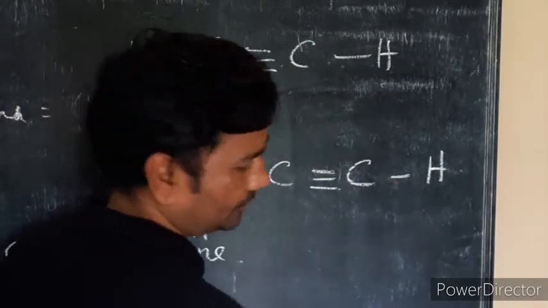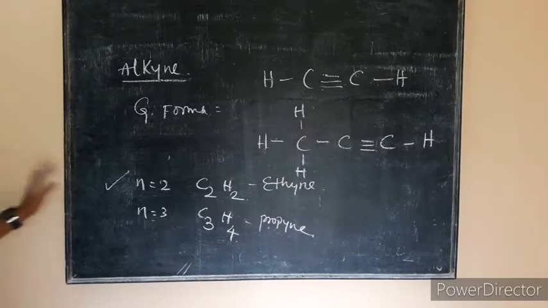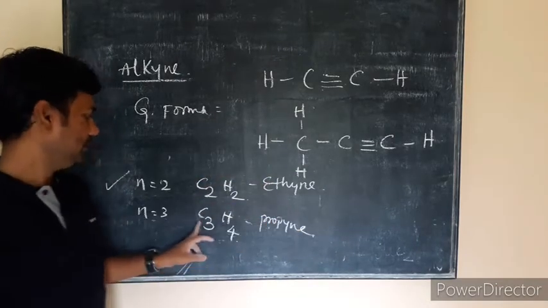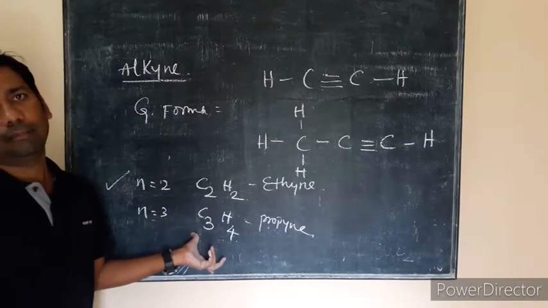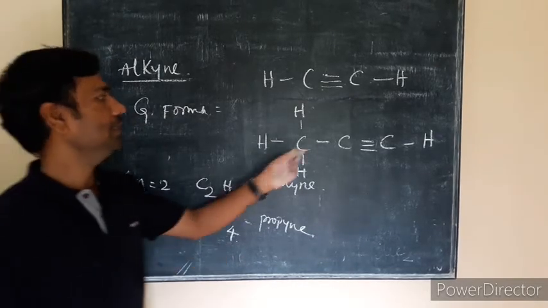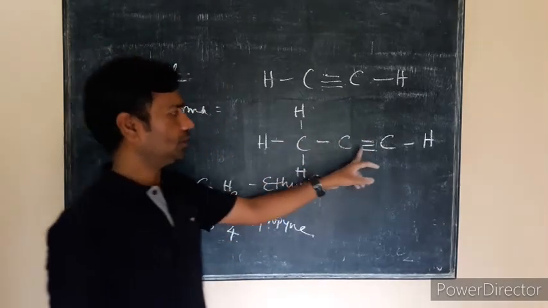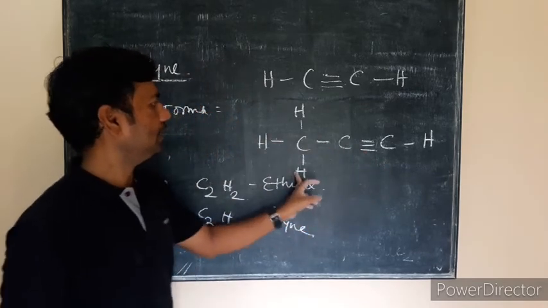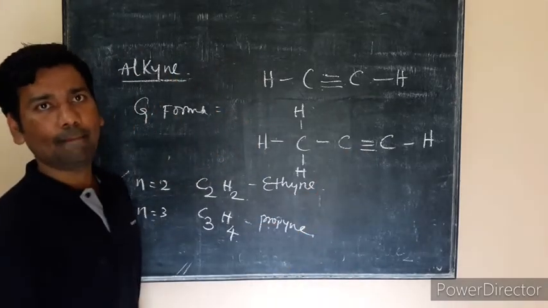This is the carbon compound with 3 plus 1, 4 hydrogens, that is propyne, C3H4. Like this you can make butyne, pentyne, anything. There will be a carbon to carbon triple bond. It is not compulsory that you take the triple bond here; you can take it somewhere else and place the hydrogens accordingly.